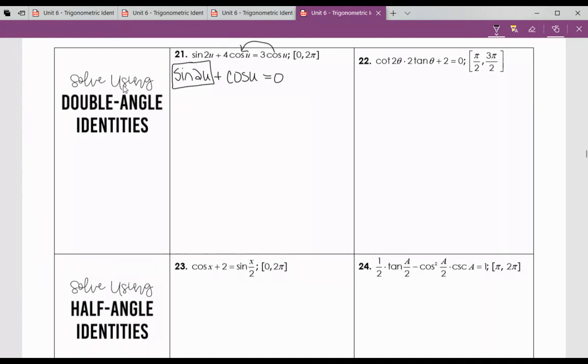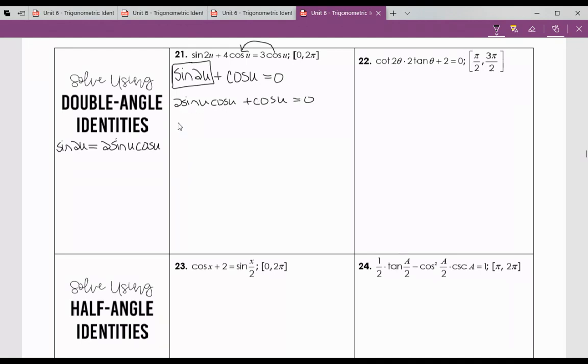So I'm going to look at my double angle identities, and you only have one option for sine 2u. That would be 2 sine u cosine u. So I'm going to replace that with its identity equivalent. So 2 sine u cosine u plus cosine u.